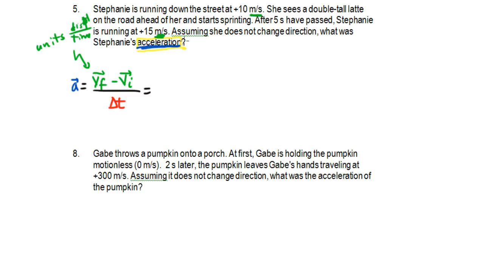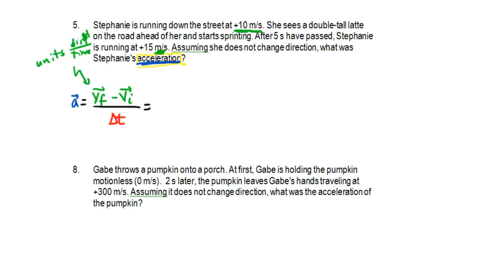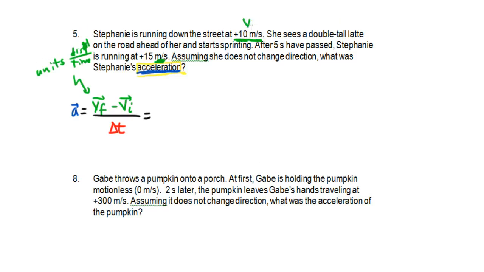That's how I know that those are velocities, just by the units. And so I look here, she's running down the street at plus 10. This has got to be her initial velocity right here. Her initial velocity has got to be plus 10. So that's going to be her v sub i. Because it says after 5 seconds have passed, Stephanie is running at 15 meters per second. So after, meaning at the end, she's now running 15 meters per second, and so that's going to be my final velocity.